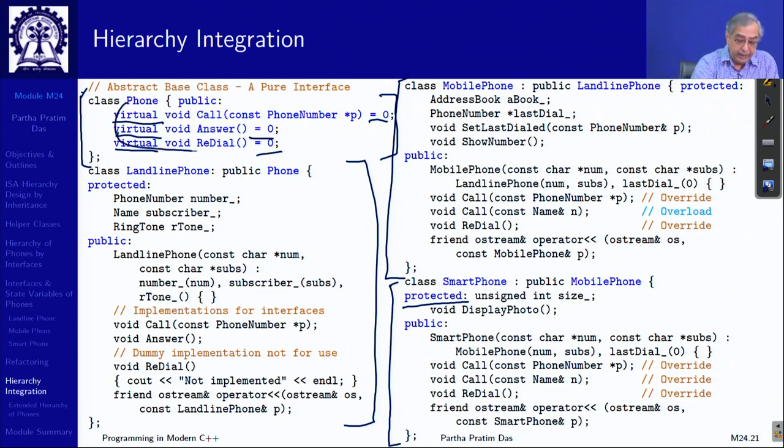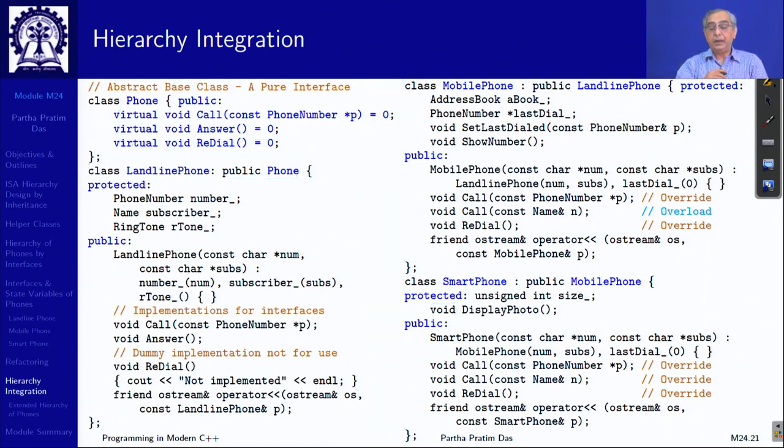And then what I do, instead of making landline phone the root of the hierarchy, I make the phone the root of the hierarchy. So, it is very nice, and on the top you have an abstract concept, then you have the hierarchy coming down, specializing further and further, and with this your entire hierarchy of phone systems is now integrated, perfectly refactored, and you have the entire thing in place.